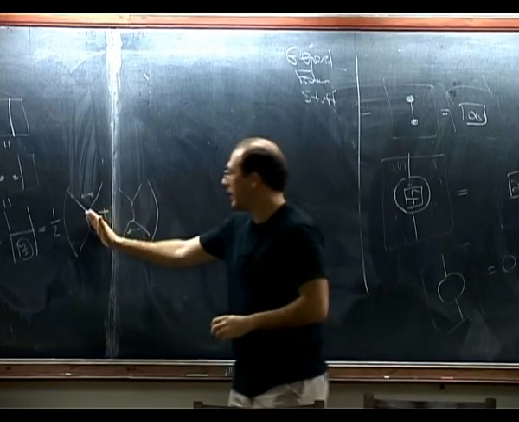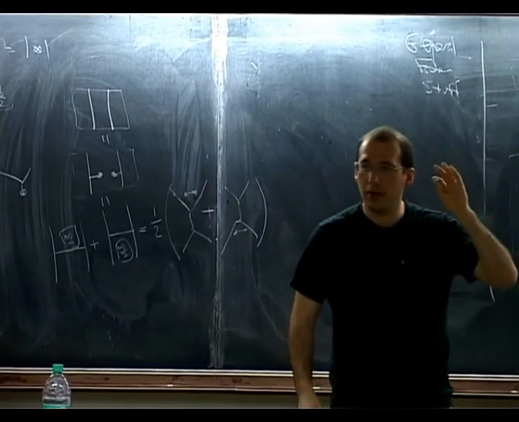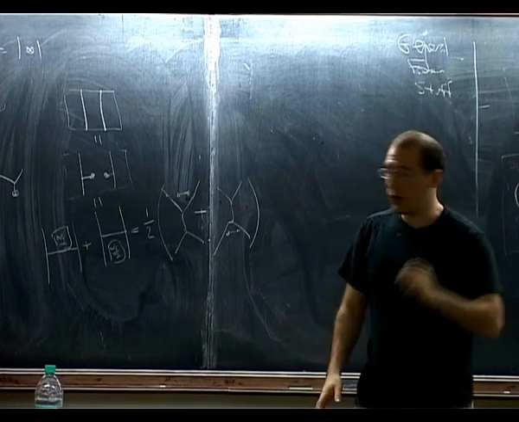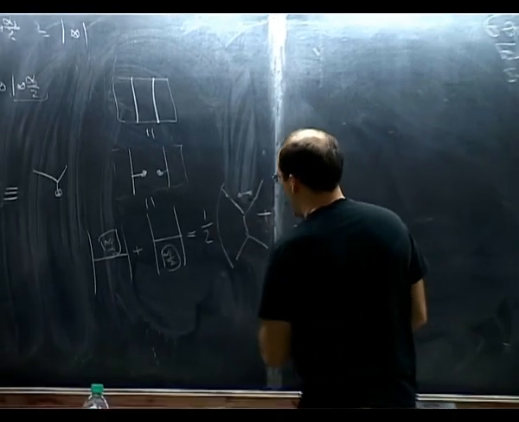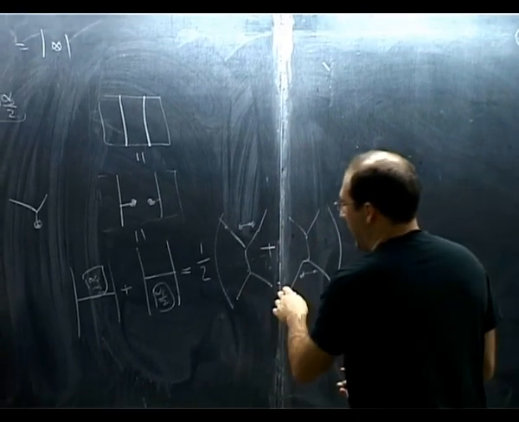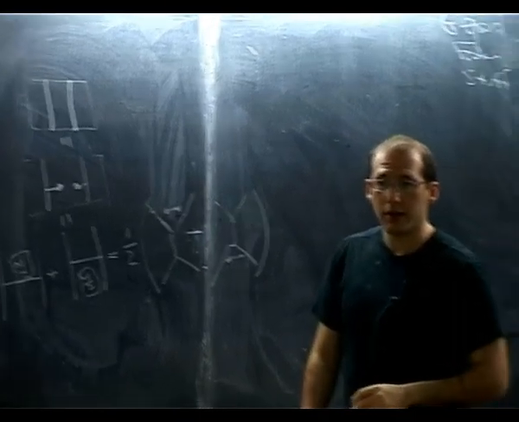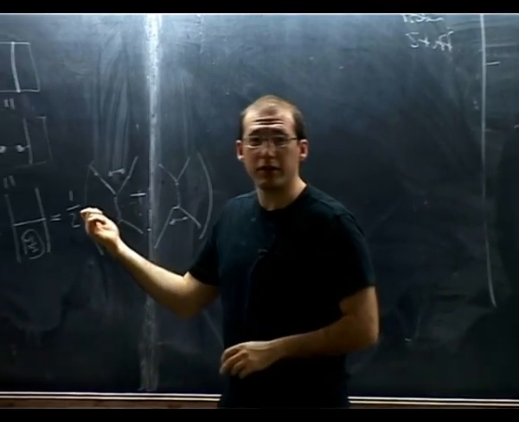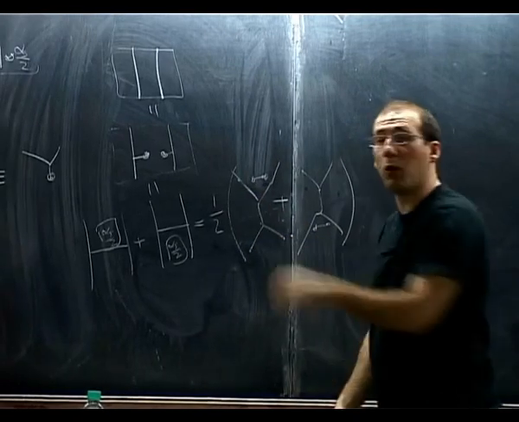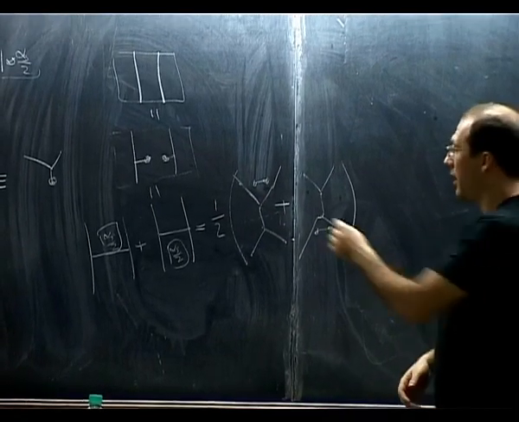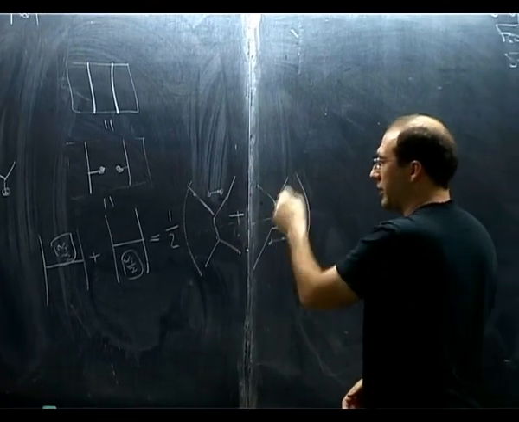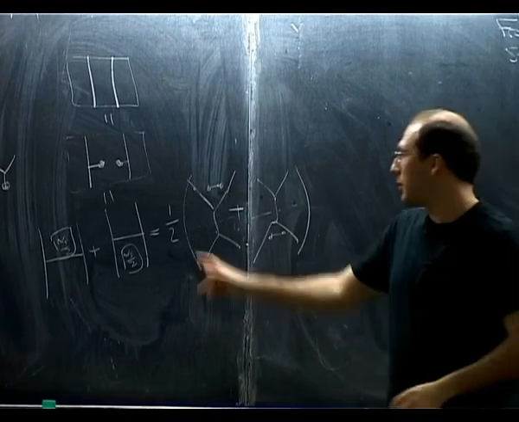Because each of these are idempotents. Okay? So you think about this as a map from BS to BS. This is one of the projections. And this upper half is one of the inclusions. This is one of the projections, and this is one of the inclusions. I should put the 1/2 somewhere.